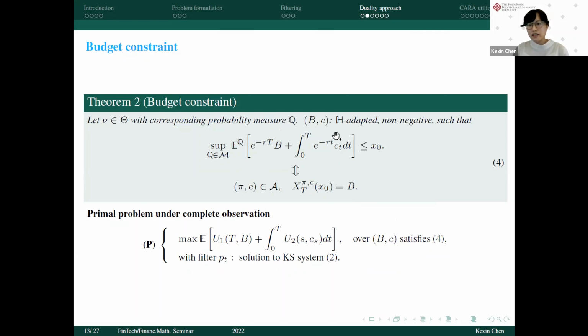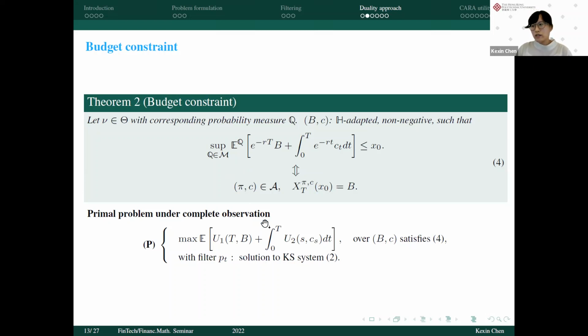The left-hand side of this equation is the minimum initial capital level that allows the candidate plan to be implemented. And because the new randomness from the alternative data cannot be hedged, we must take the supremum over the set of measures Q that belong to this M, which increases the minimum wealth requirement.